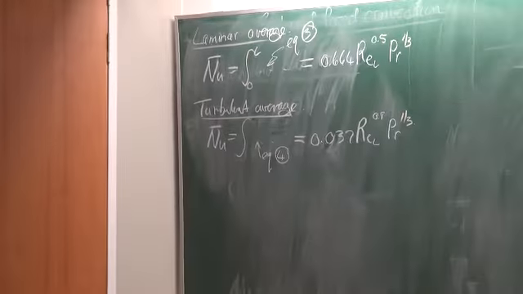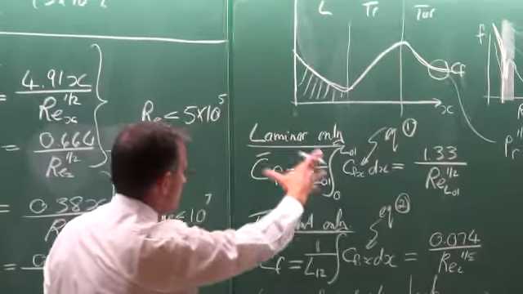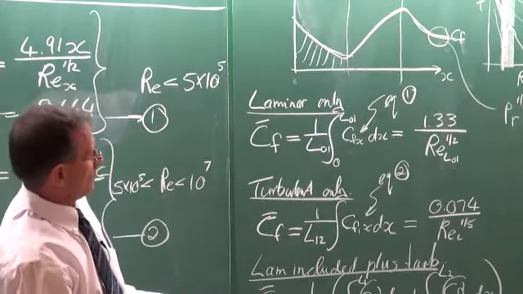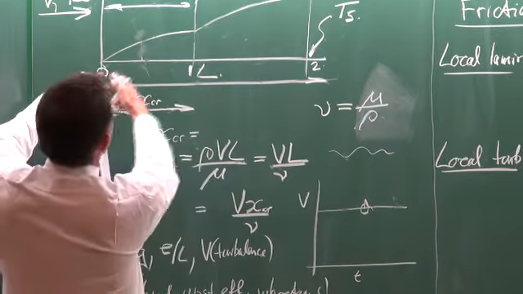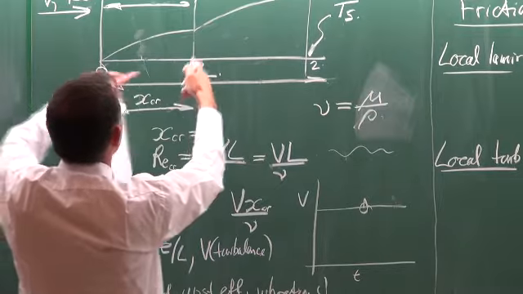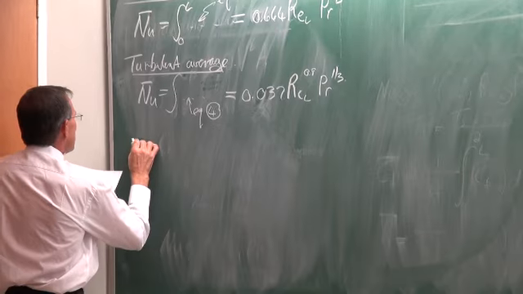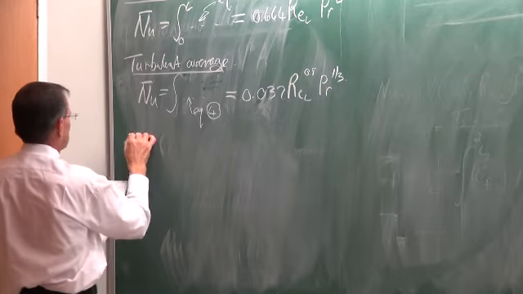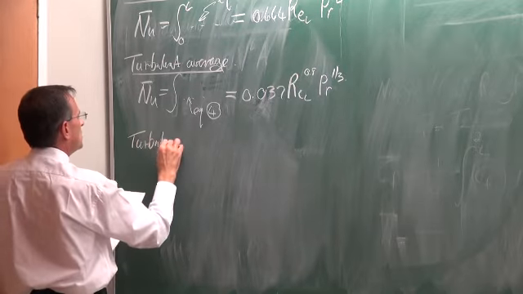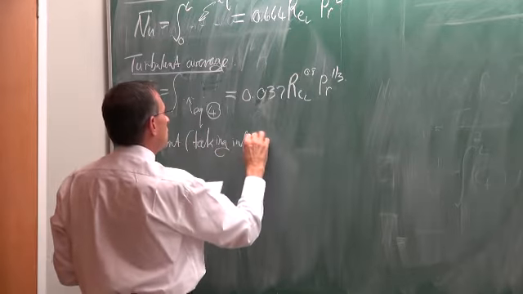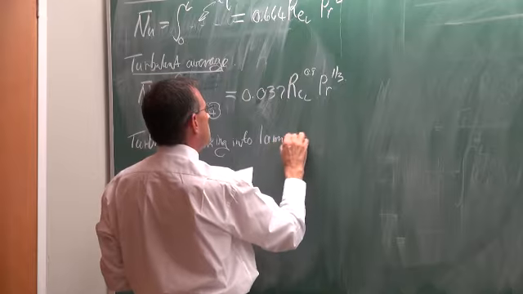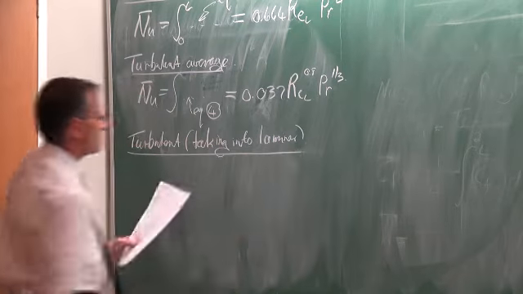Right, and then the last part is exactly the same as we did here. We first look at the laminar part and the turbulent part, and then we've said, well, let's do it very theoretically correct. We do the integration from 0 to this length, and then from there to there. So let's call it turbulent, taking into consideration the laminar regime results.